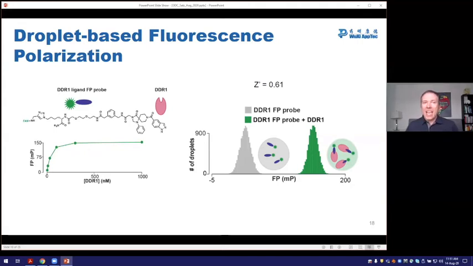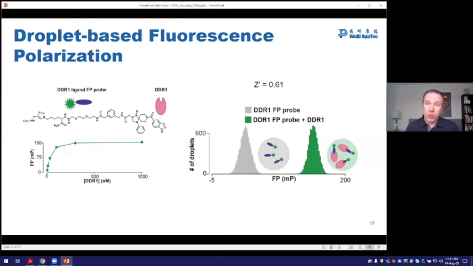Additionally, if we take our probe and we put it in droplets of water in a microfluidic chip, and those droplets travel through the chip and their FP signal is measured at the end of this chip, we can then take thousands of droplets and we can measure the FP signal in each one of those droplets, and we get a distribution that looks like this, where the average FP signal is about 0.